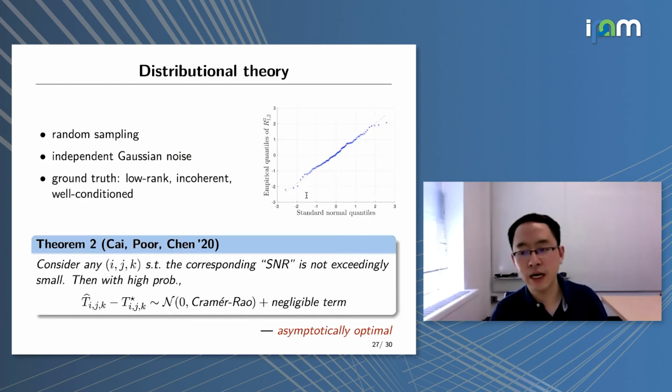For each entry, we can show that our estimate turns out to be a nearly unbiased estimate of the ground truth. And the error turns out to be Gaussian distributed, and its variance almost matches the Cramér-Rao lower bound.